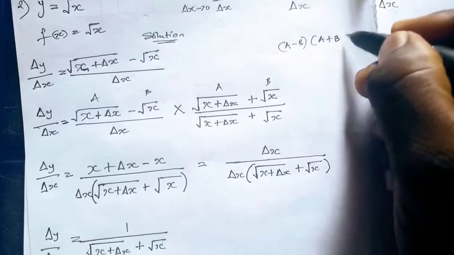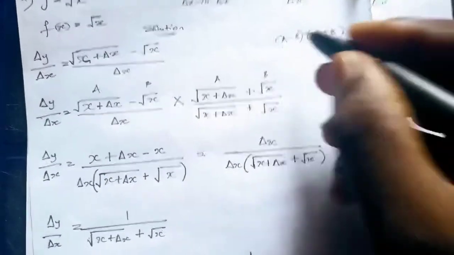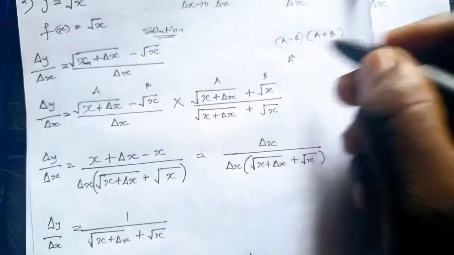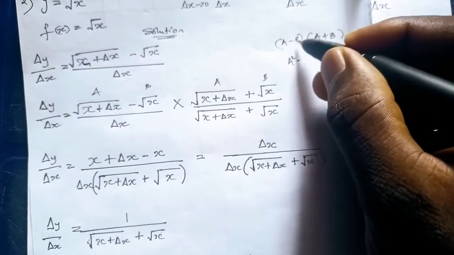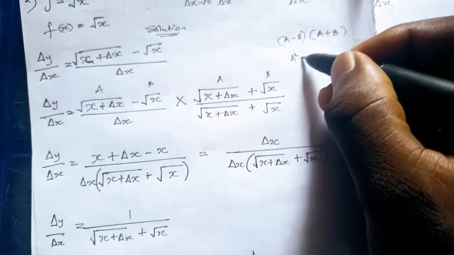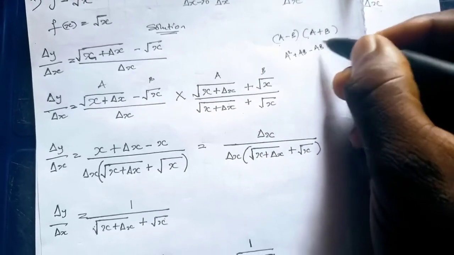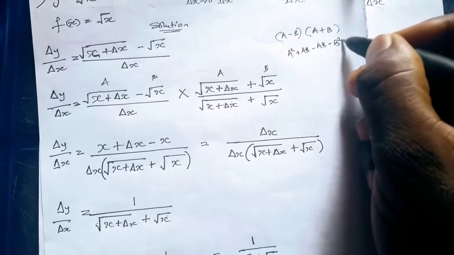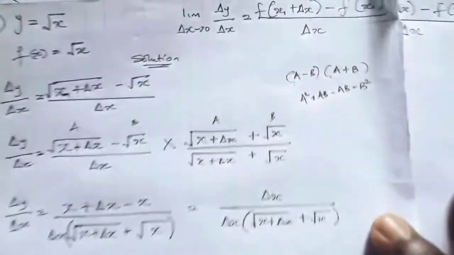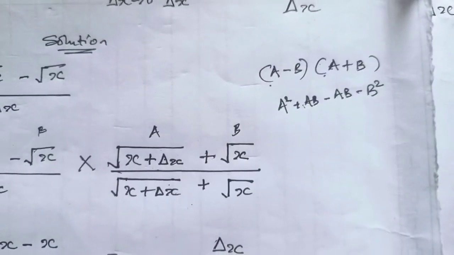Sorry for that. And you can see that I have A squared when I expand, and I have plus AB minus AB, then minus B squared. When I expand, this is what I have.